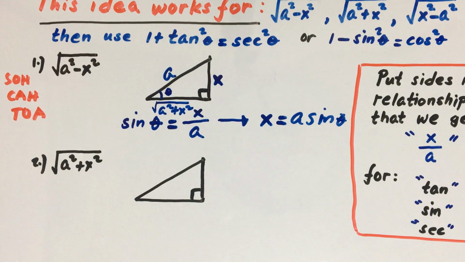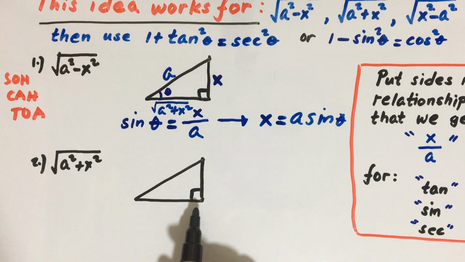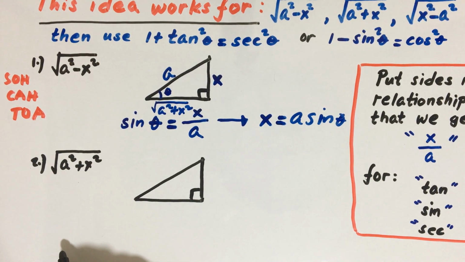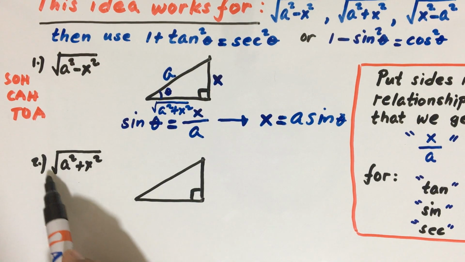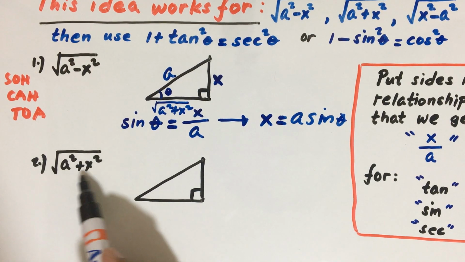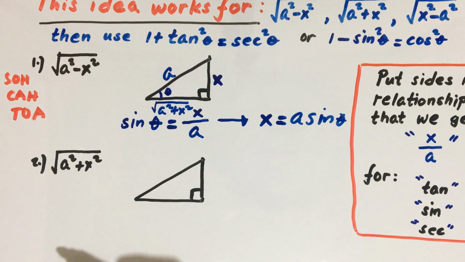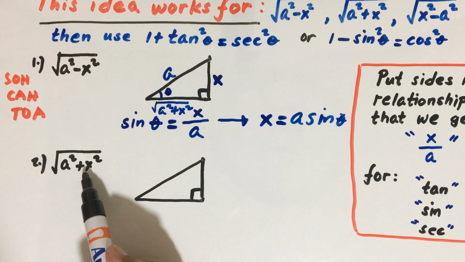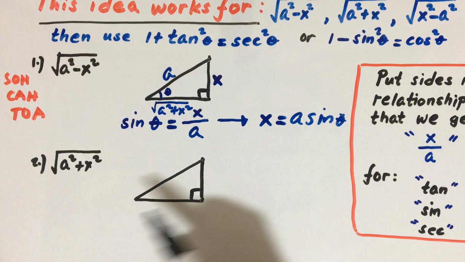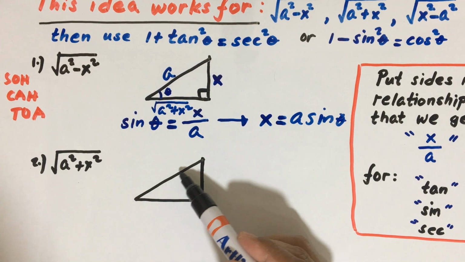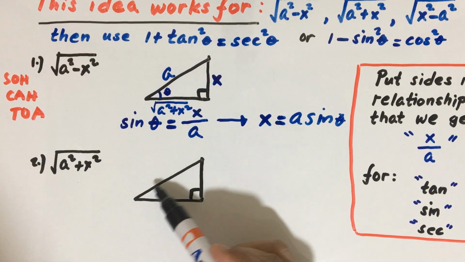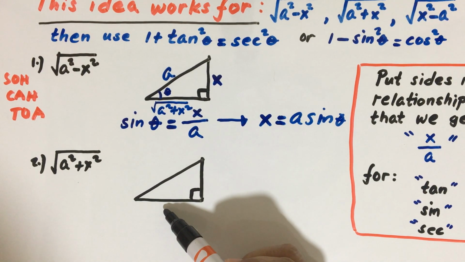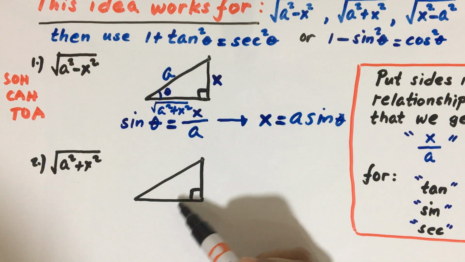Okay, so to continue with the second part, we're given square root of a squared plus x squared. So is this a side or is this the hypotenuse? Since this is plus, it means that this is the hypotenuse, because from the Pythagorean theorem, the square of the hypotenuse is equal to the sum of the squares of the two sides, or two legs.